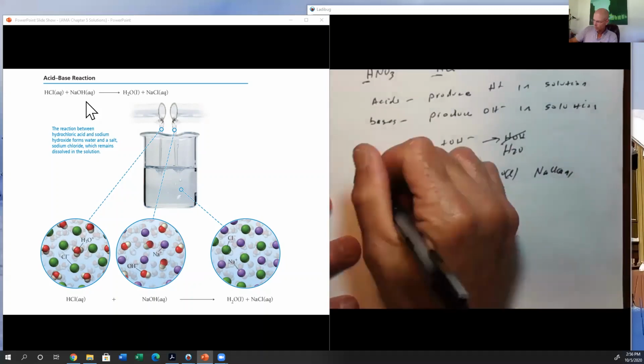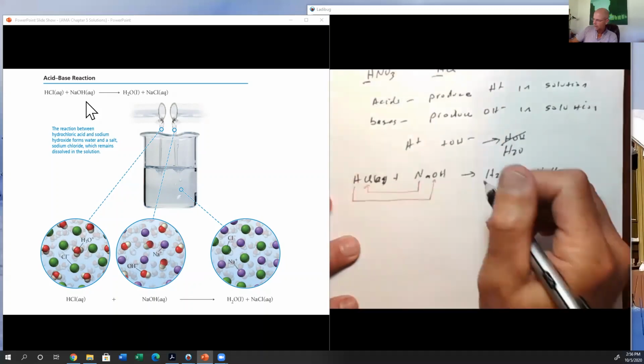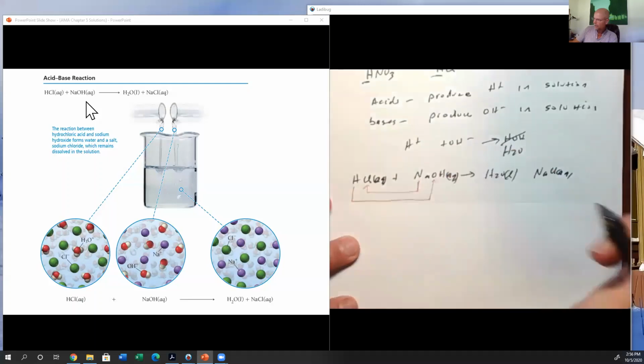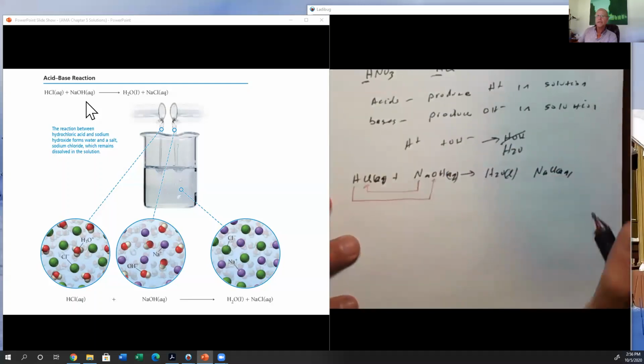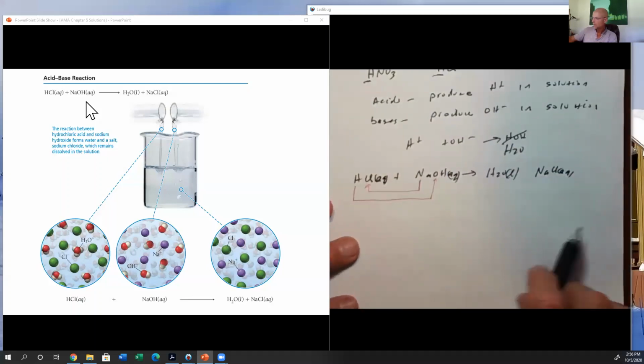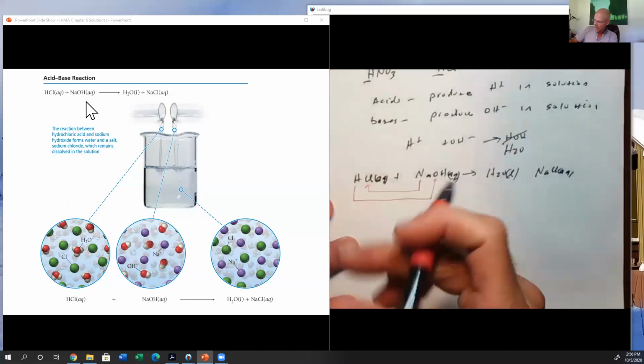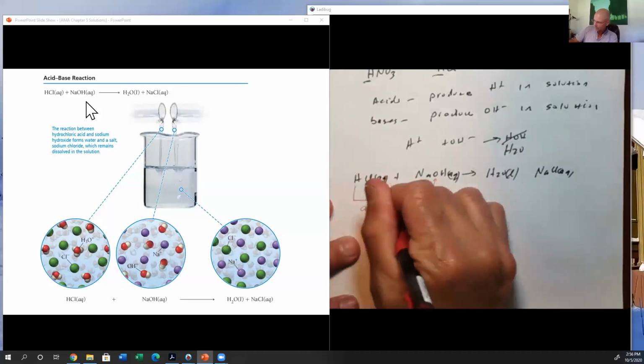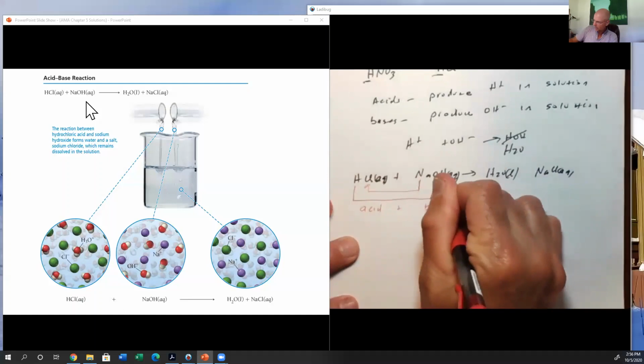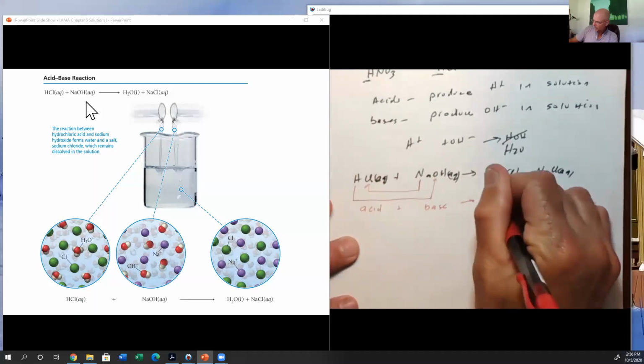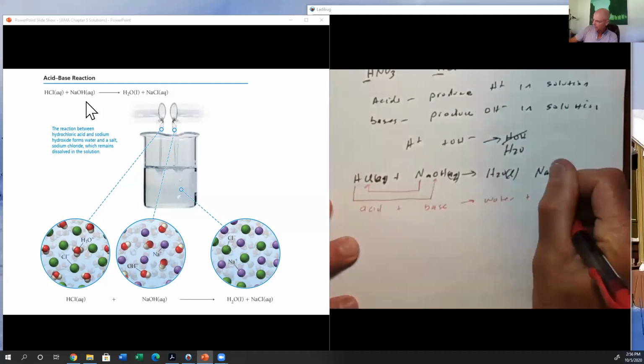So we write the whole equation like this: HCl aqueous plus NaOH aqueous gives H2O liquid plus NaCl aqueous. Notice the pattern. Acid plus base produces water plus a salt.